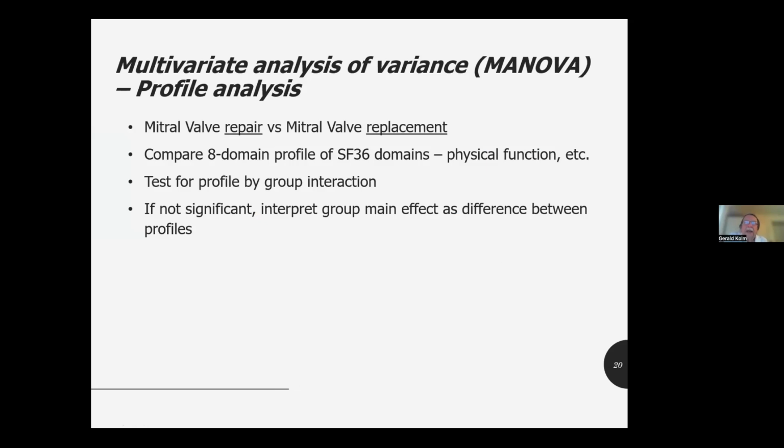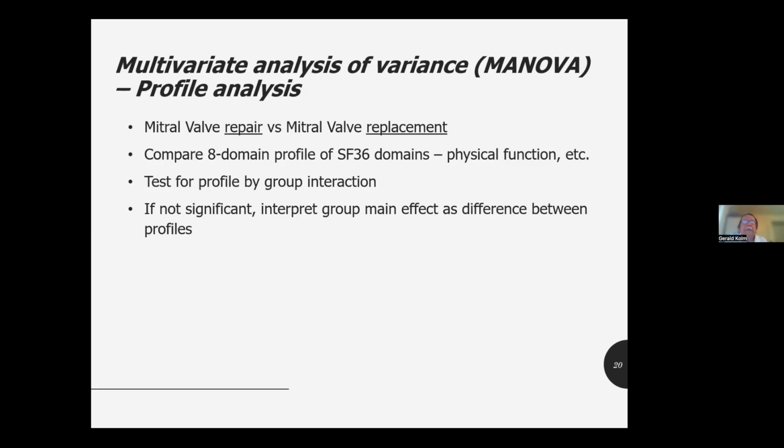In other words, the same patient or the same subject in our study has different outcomes, maybe from the same survey instrument, or maybe repeated measures. But the example I want to give here is comparing mitral valve repair with mitral valve replacement.